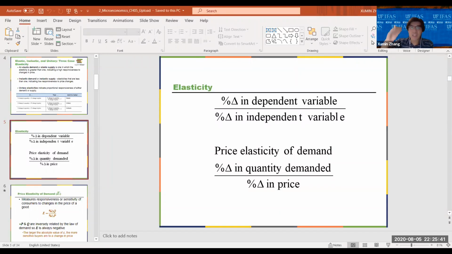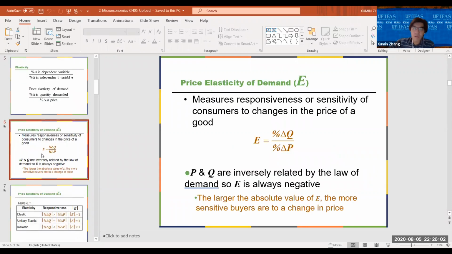Keep in mind, it's not the quantity change alone, it's the percentage change in quantity. Usually we use E to indicate the elasticity, which measures responsiveness or sensitivity, it doesn't matter. We relate the quantity demanded to the price change.